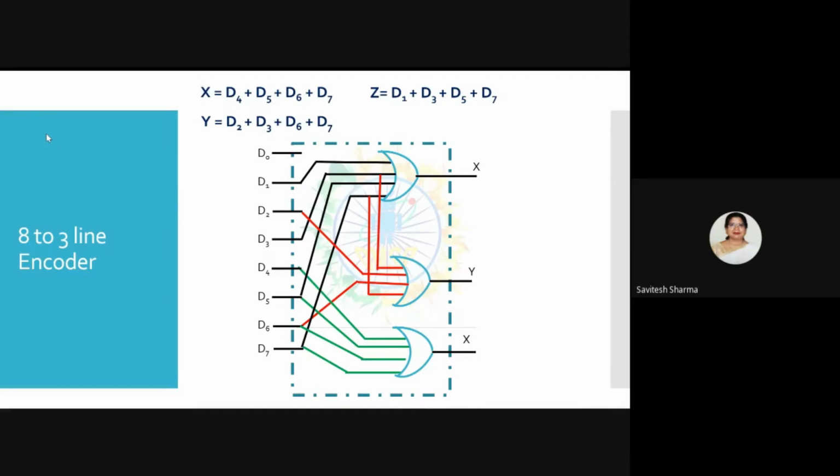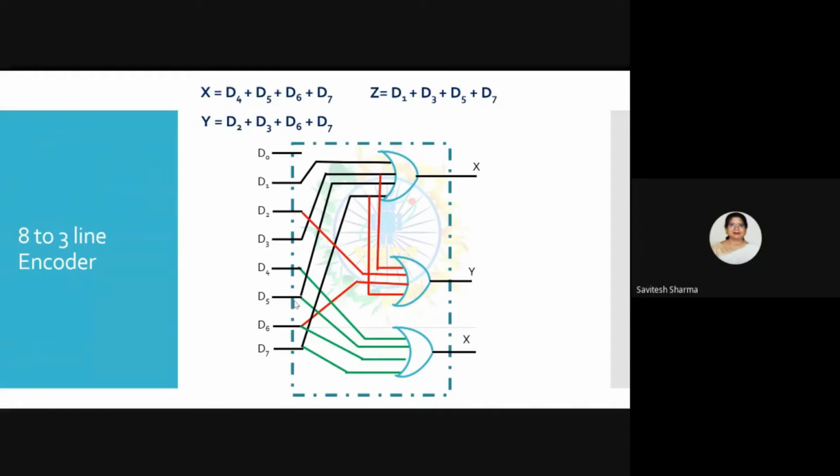For example, if D4 is high, it will show 100 in the output. If D5 is high, it will generate 101.